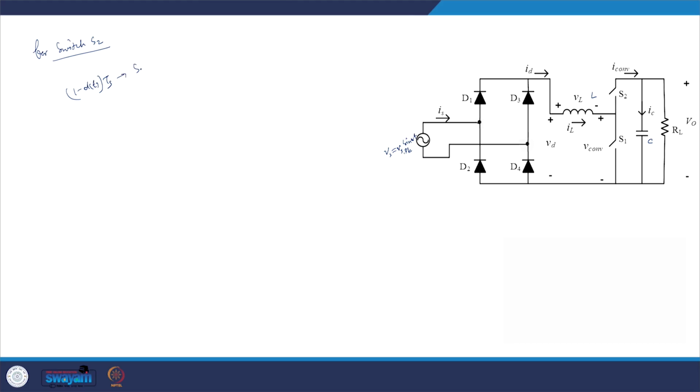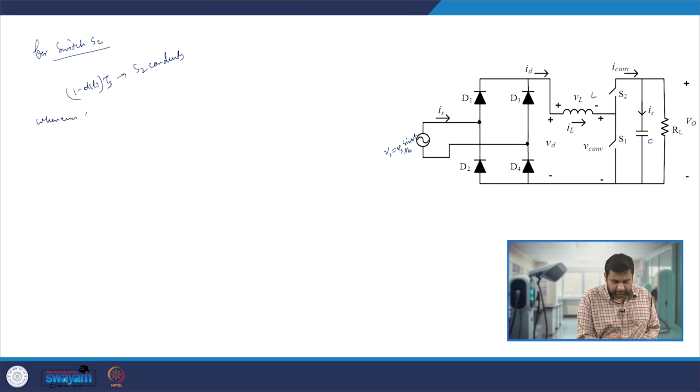Whenever S2 is off, that means whenever S1 is on, Vs2 has to block the entire V0.